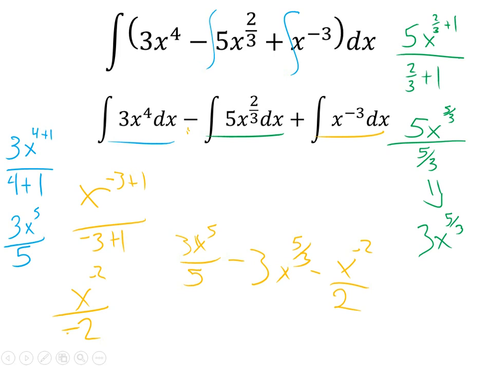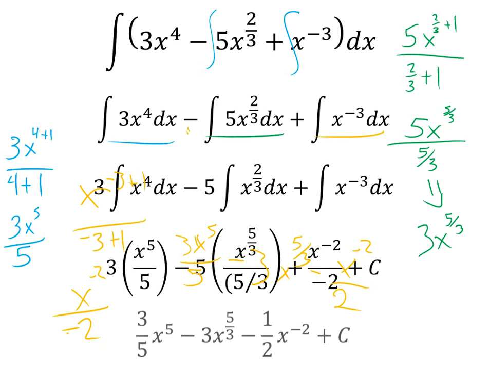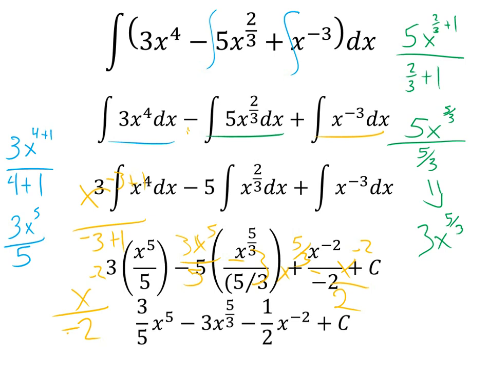And that's it. We just found the antiderivative, or the integral, of this function. And we're like, yeah, take that. Oh, and we forgot to put plus c. Always put the plus c. If you don't put the plus c, then it's wrong. So, I guess we didn't have it perfectly right the first time through, but we got it the second time once we fixed it a little bit.